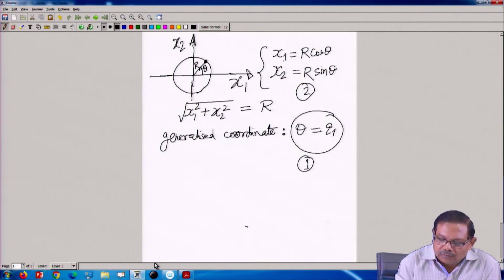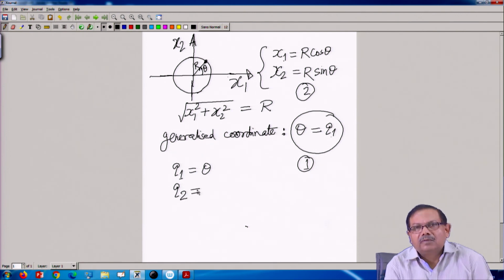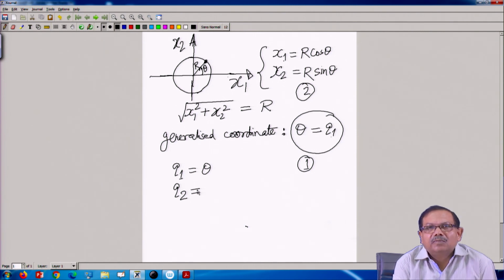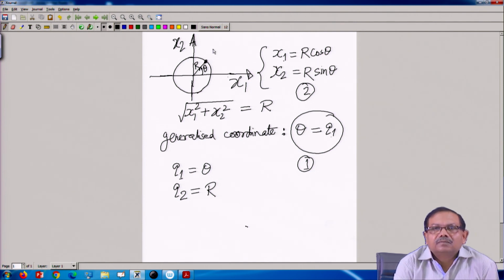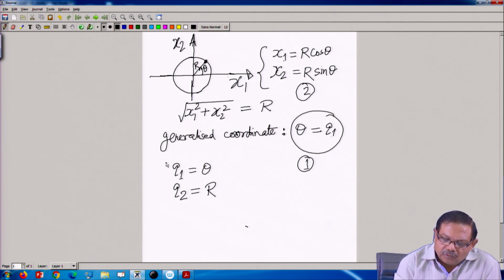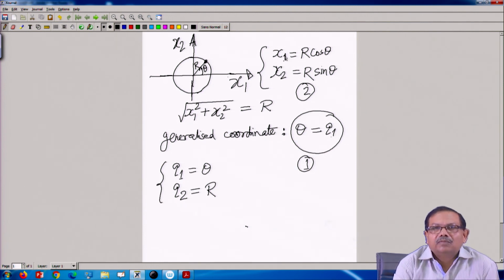What we do is, one generalized coordinate theta we keep, and we define one artificial coordinate and give it the same symbol as a generalized coordinate, but it is not a generalized coordinate that we know. That is, let us say, the constraint r, which is fixed. So, I say my q2 is r, so that it looks like in generalized coordinates I have two coordinates and in Cartesian coordinates I have two coordinates.